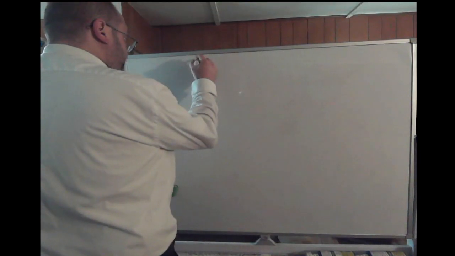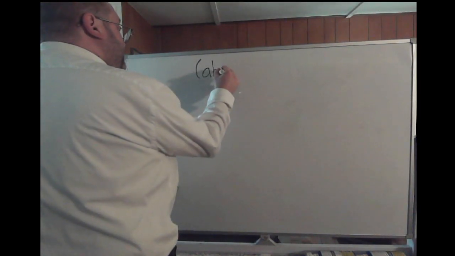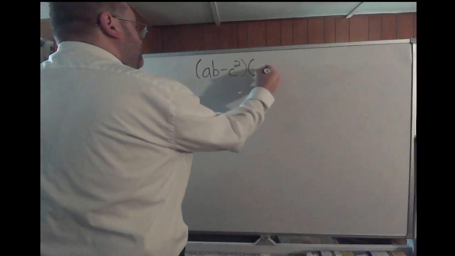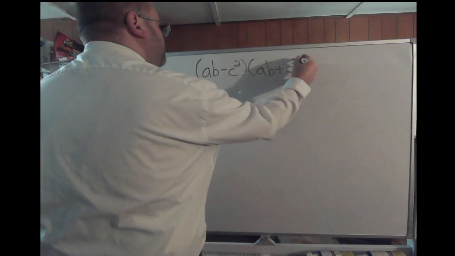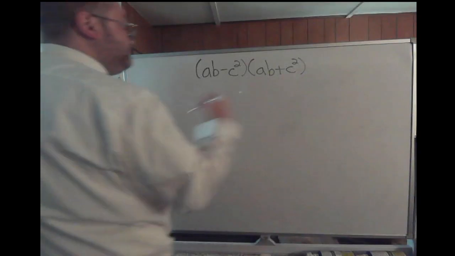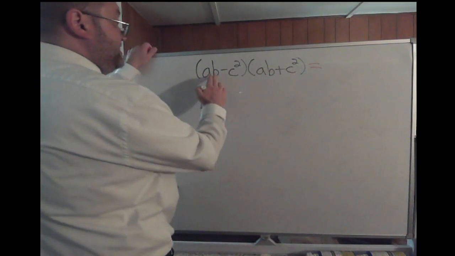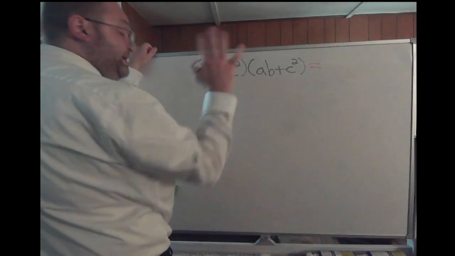Alright, 2 more examples, then we're done. We have AB minus C squared times the quantity of AB plus C squared. Well, what we do now, since we have the same variables for the first term and then we have a plus or minus C squared, we can use the shortcut.